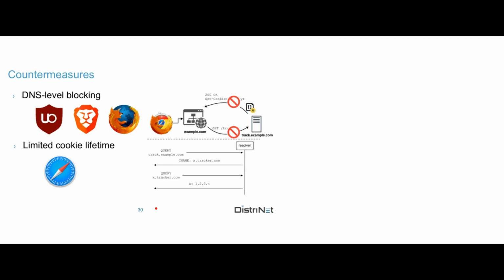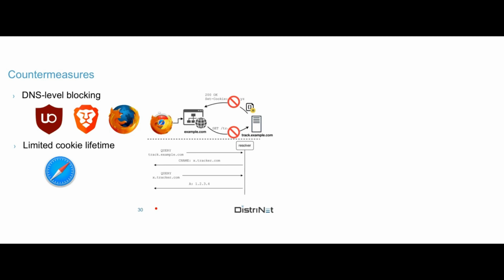So now I want to discuss some of the countermeasures against CNAME-based tracking. So one of them is to block at DNS level. So in this case, we would use the DNS information of the request to determine whether the request will end up being a request to a tracker or not, which is the case with uBlock Origin on Firefox, and Brave and Firefox themselves have also implemented this method.